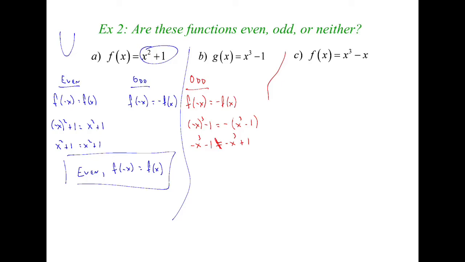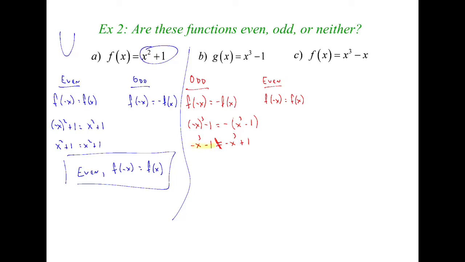So if it's not odd, do I have to check even if I know that the graph looks the way it does? The answer is yes. You still need to check and prove that it's not even. So we would say f of negative x, is it equal to f of x? Well, we already did f of negative x, which was down here.